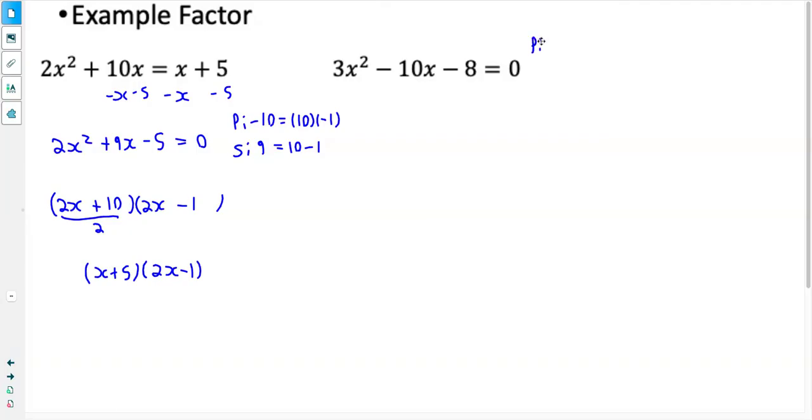Now this one, we had our product of negative 24 with a sum of negative 10, and we said that that was negative 12 plus 2. So we once again start each bracket with 3x.